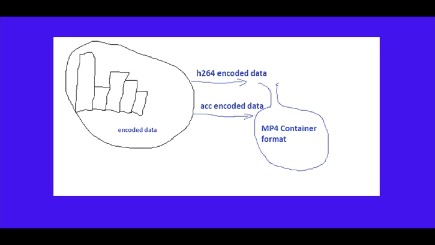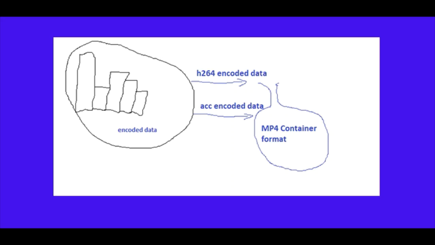After we have encoded our data using the mentioned codecs, we need to take that data and put it inside another file. The encoded data needs to be contained inside a container format.